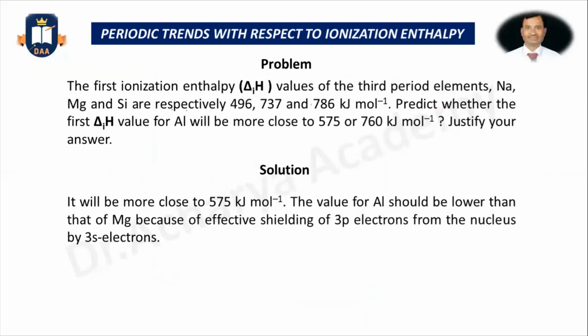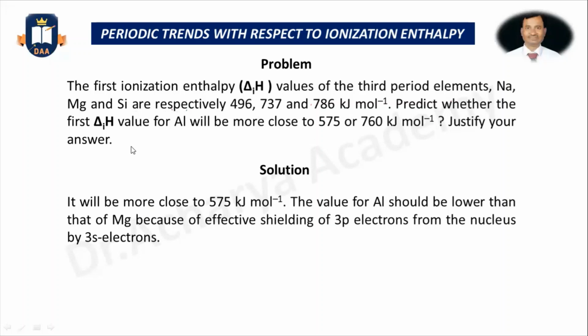Now, we'll see one problem which can be helpful for your exam. What is the problem? The first ionization enthalpy values of the third period elements sodium, magnesium, silicon are respectively 496, 737 and 786 kilojoule per mole.